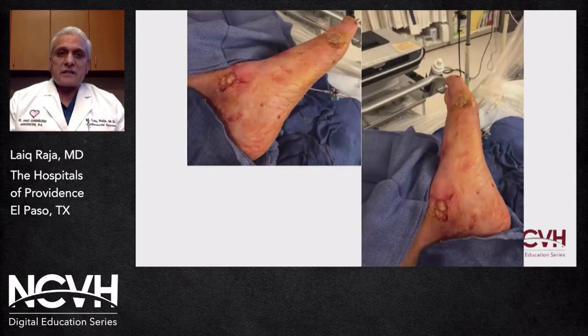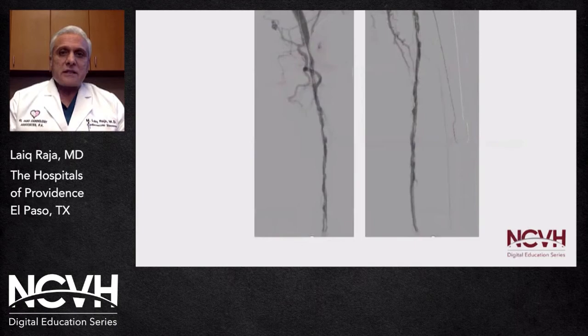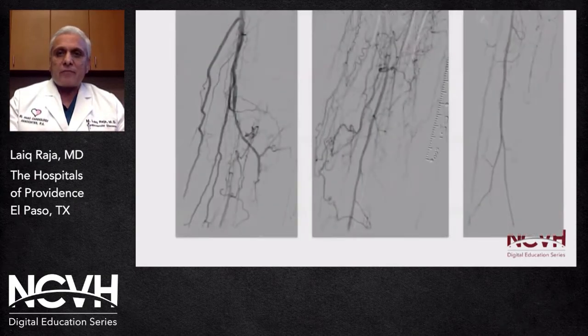As you can see, he has multiple wounds on the different angiosomal areas. Obviously, this patient has multiple vessel occlusions. Here you can see that in the previous interventional procedures, he had a long stent placed into his femoral artery going down the SFA, which precludes antegrade access. In addition to having a severely diseased SFA, all his tibial vessels are occluded.